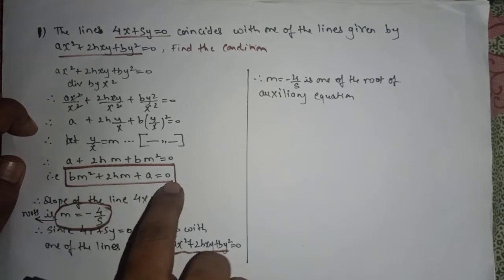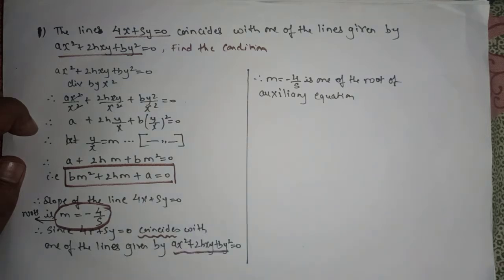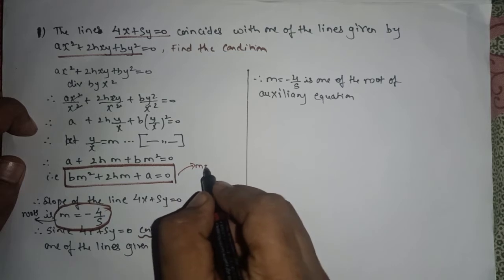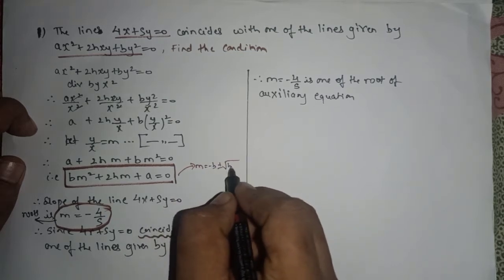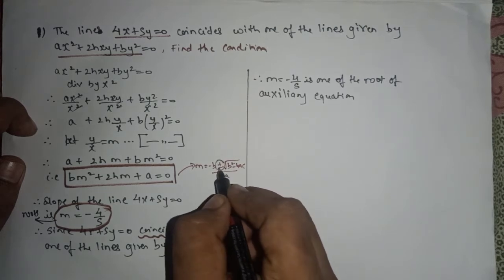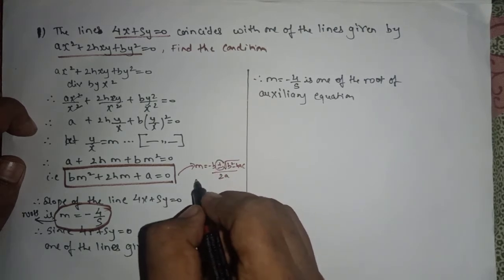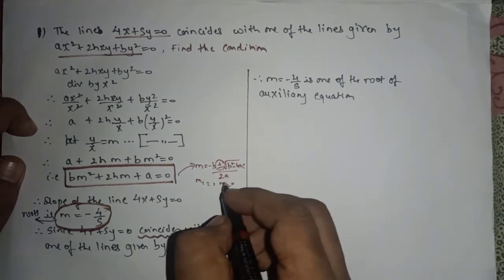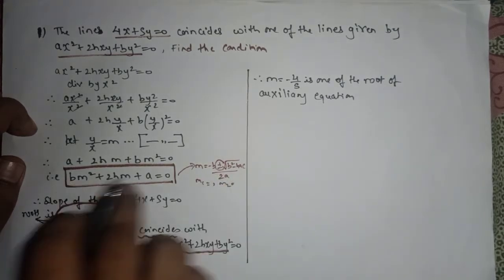As we know, after finding the auxiliary equation we apply the formula method, which is m equals minus b plus minus square root of b square minus 4ac upon 2a, where we get m1 and m2. That actually m1 and m2 are the roots of the quadratic equation.